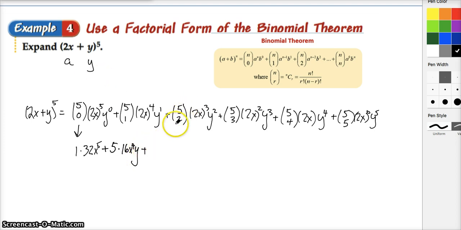5 factorial over 2 factorial times 3 factorial, which leaves me with 5 times 4 over 2, which gives me 10. But then I'm doing 10 times 2x to the 3rd power, which is 8x to the 3rd power. You see this, guys? You see the crazy?